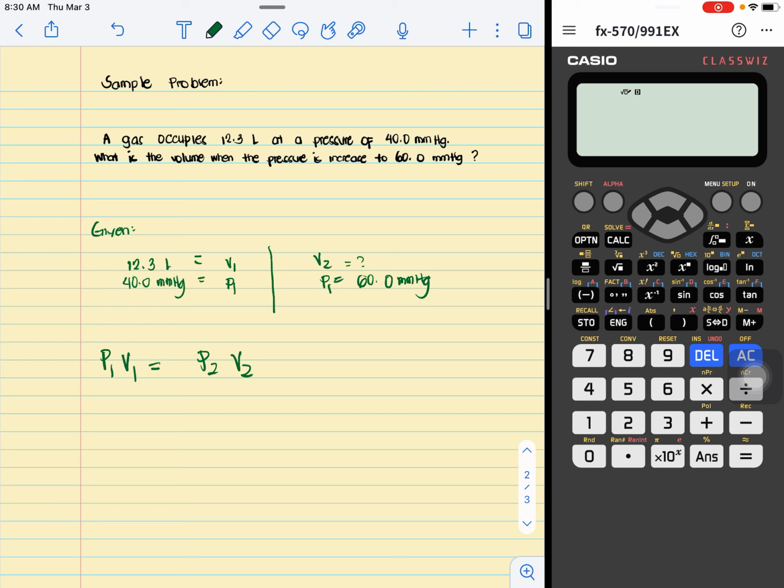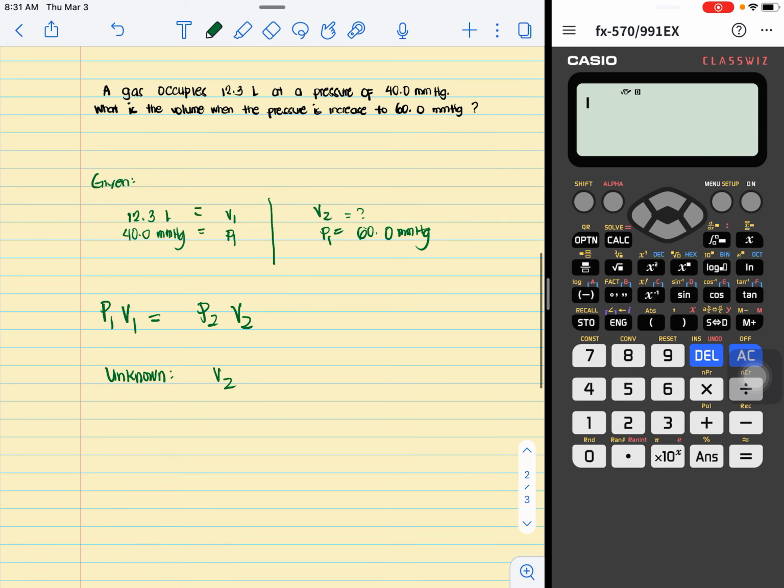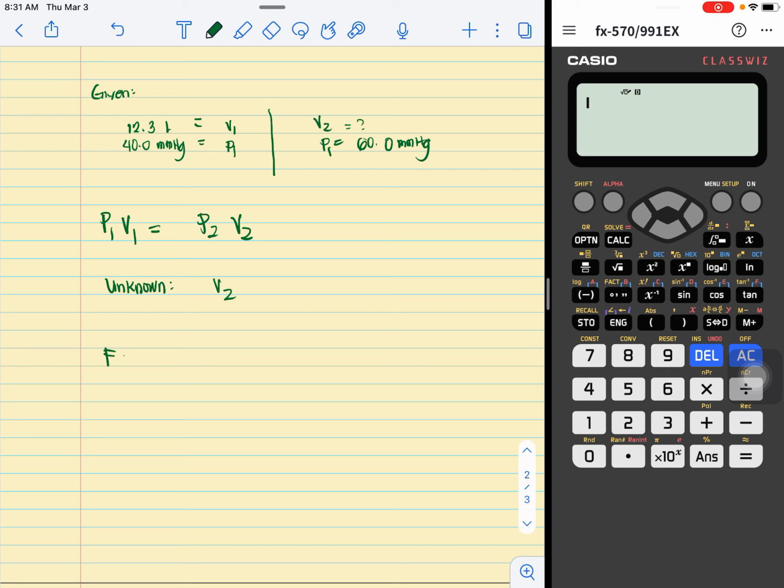Let's give it a shot. So given our unknown is V2. Our formula to get V2: P1V1 is equal to P2V2. Divide both sides by P2, so P2 cancels out.